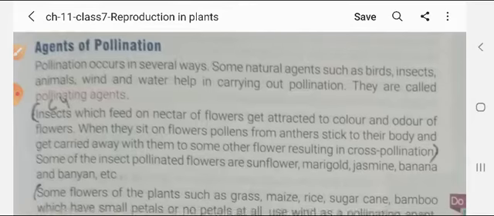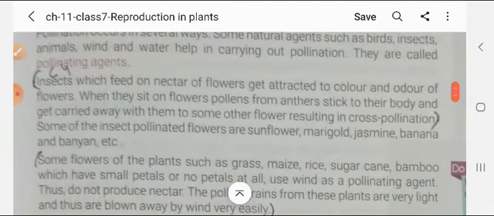Now, student, insects that feed on the nectar of a flower get attracted to the color and odor of the flower.